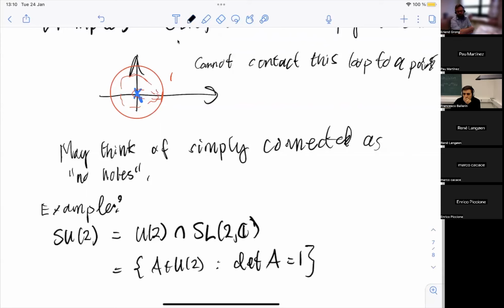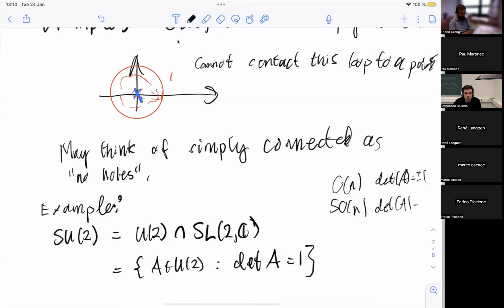We looked at last time the orthogonal group, which is the rotations plus reflections, and then we looked at the special orthogonal group, which is just rotations. And we talked about the fact that this group has determinant plus minus 1, and so here you're just reducing to the ones with determinant 1.